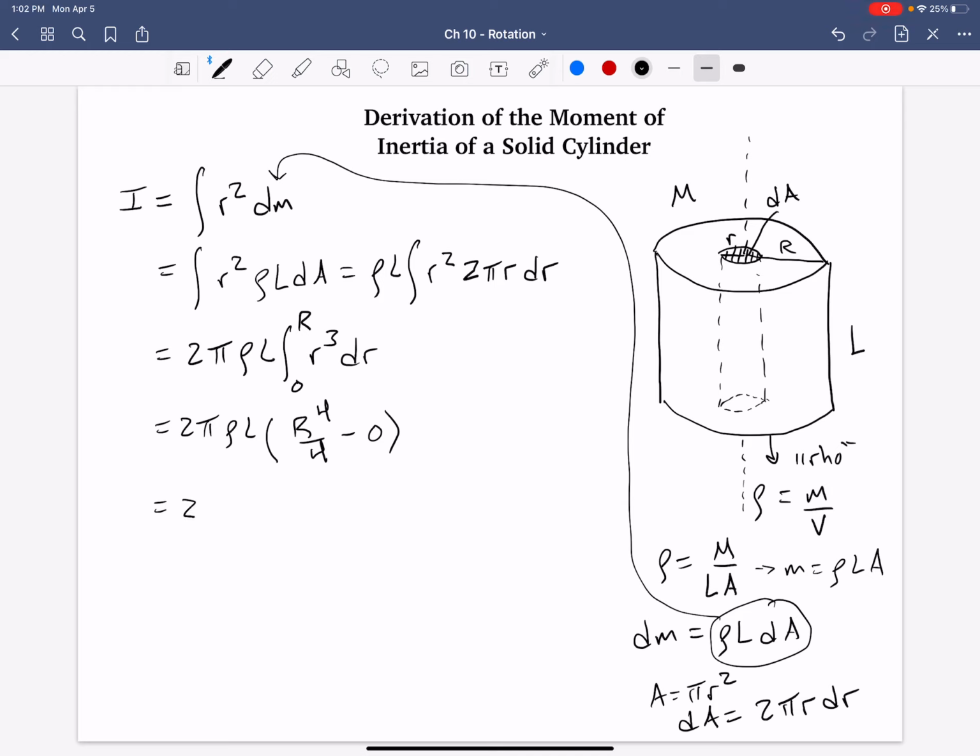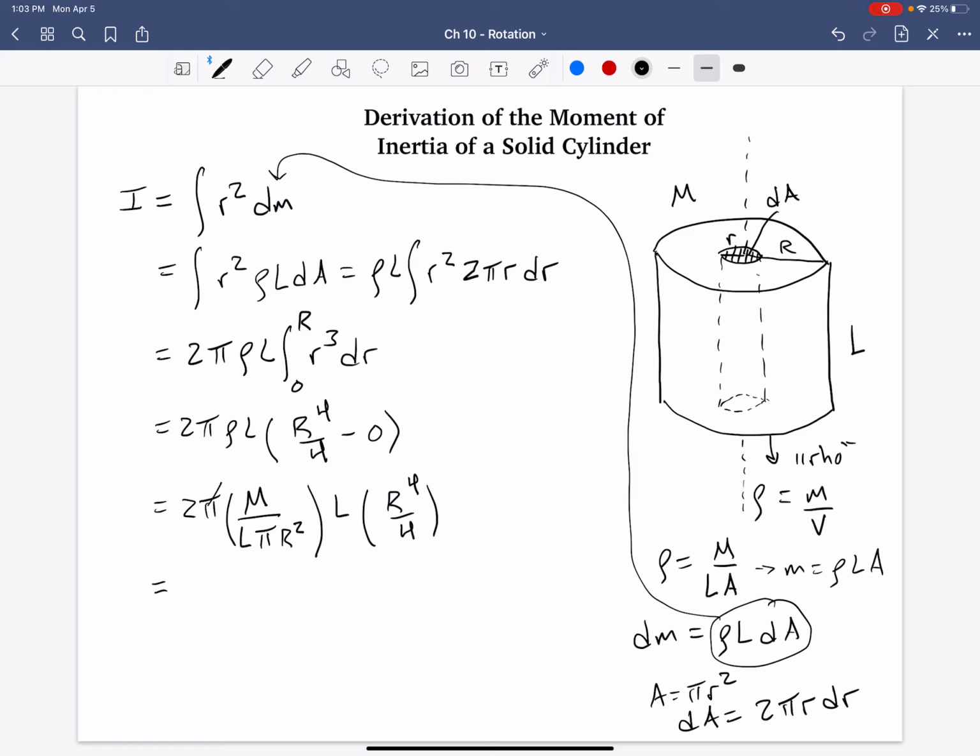Let's keep evaluating this. Let's plug in for rho. Rho is equal to mass m divided by volume. If you remember, volume is simply the length times the area of the cylinder, which is pi capital R squared, times our L times R to the 4th over 4.